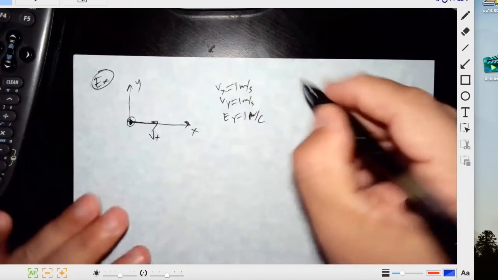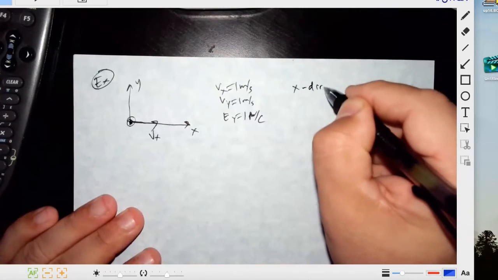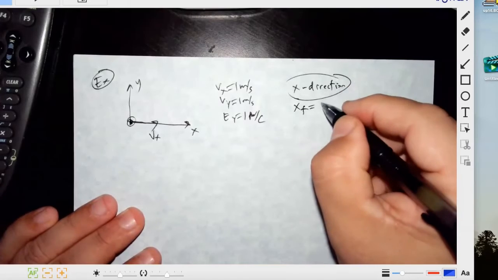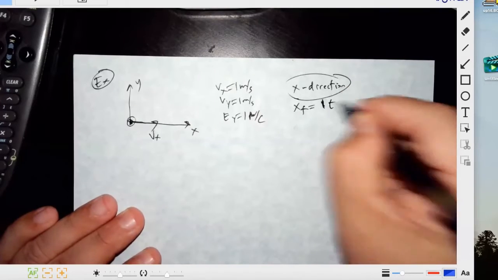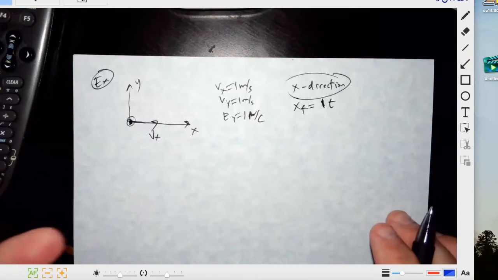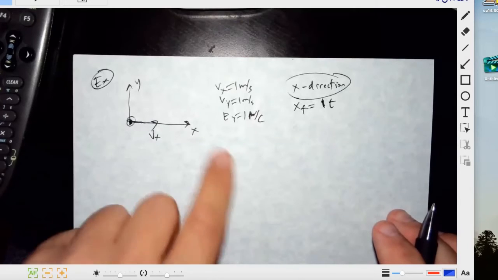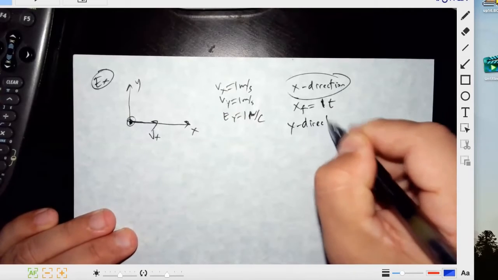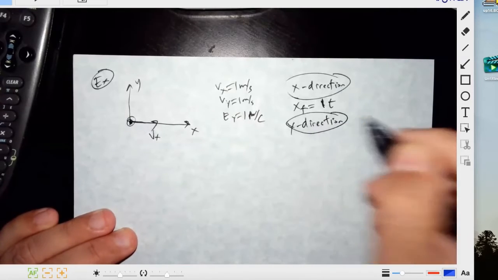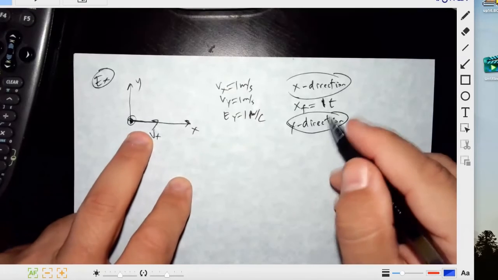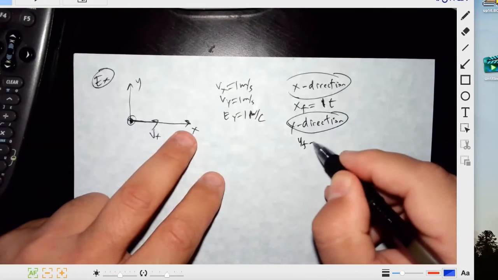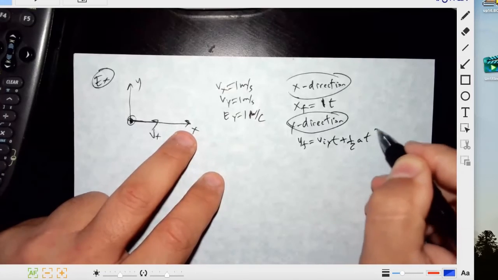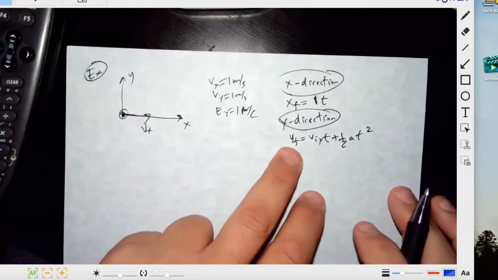So in the x direction, x final is just equal to 1 times t. And that's it, no other forces, right? In the y direction, what do you have? In the y direction, you have y final is v initial y t plus half a t squared, right?